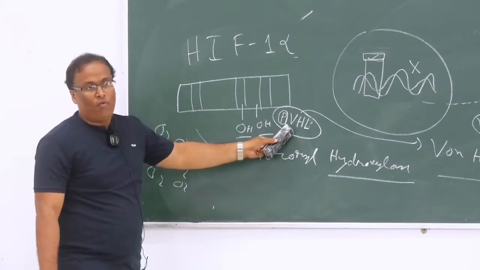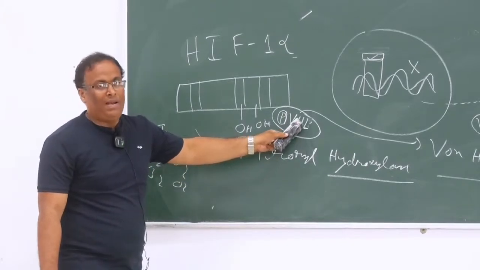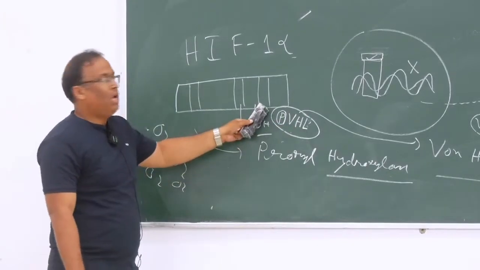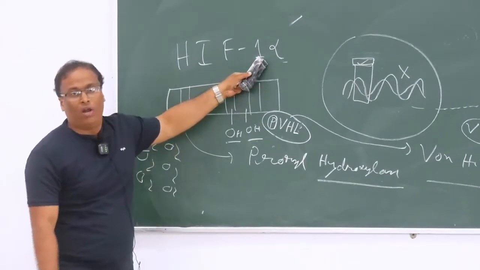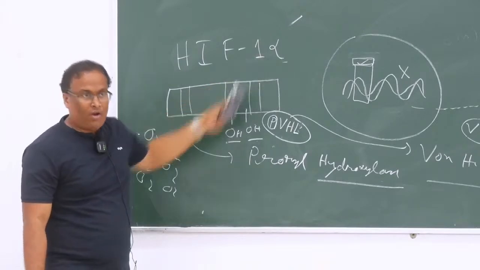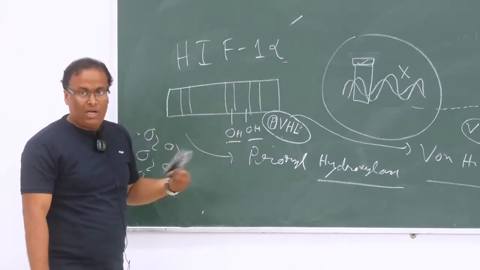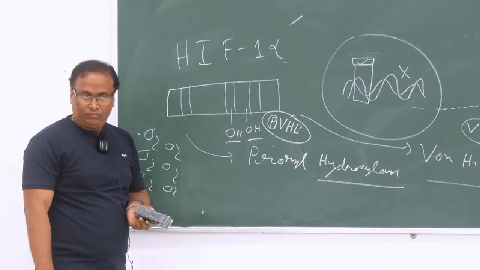So this von Hippel-Lindau protein is attached to the hydroxylated HIF1 alpha, hydroxylation done by the prolyl hydroxylase enzyme.